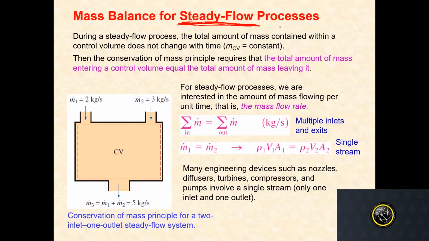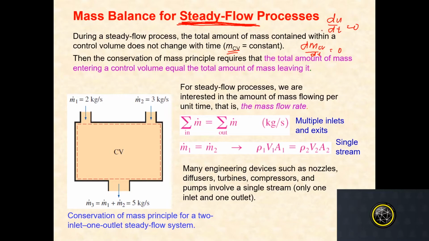The one that doesn't change with time is MCV, meaning that dMCV over dt equals 0. So MCV is constant, like we have a steady fluid flow. Before this, we learned that du over dt needs to be equal to 0 for steady flow.